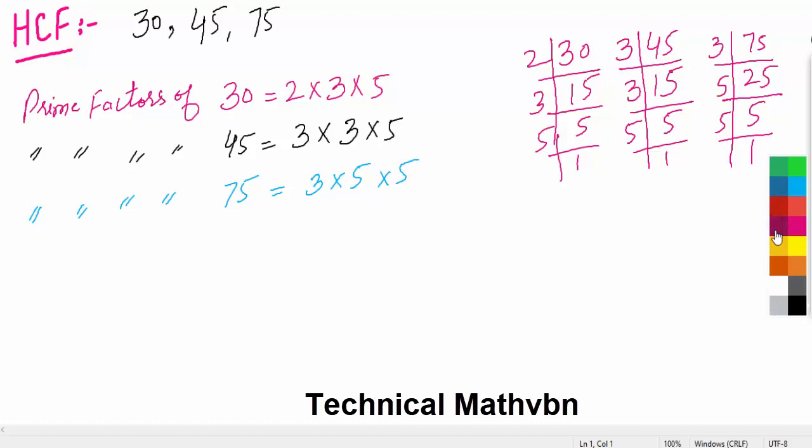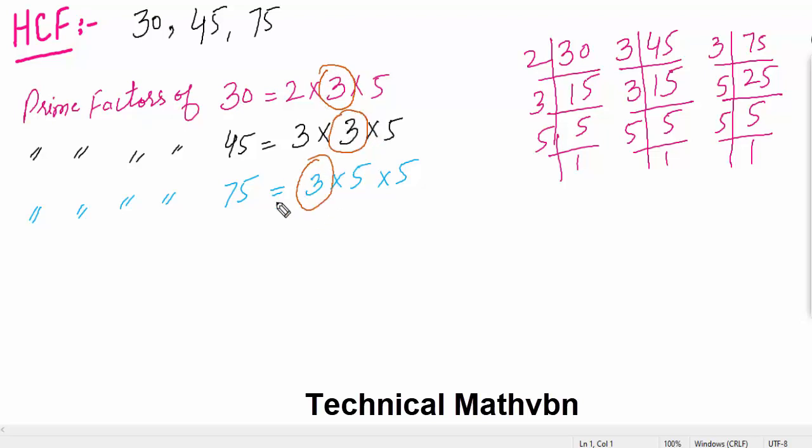Here, guys, you have to notice which factor is common in these three prime factorizations. 3 is here, 3 is also in this one, and 3 is also in this one, so this is common in all the values. 2 is here, but in the other factors 2 is not available. 5 is here, 5 here, and 5 here, so 5 is also a common factor.